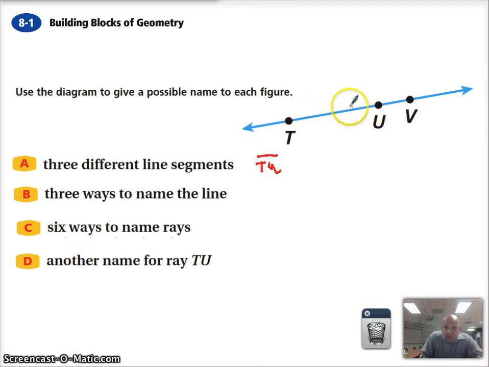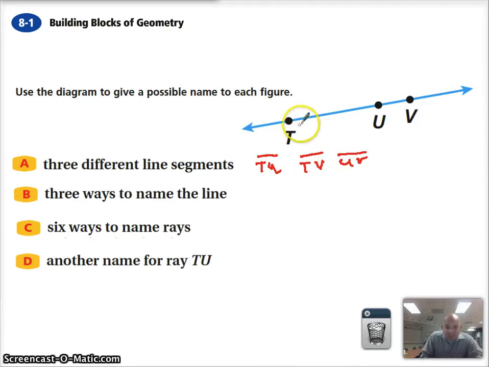So all the set of points, including the endpoints TU, in between. I've got TV. TV would be a good one. And UV as well. That takes care of 3 line segments. TU, UV, TV. Of course, I can reverse the order as well.